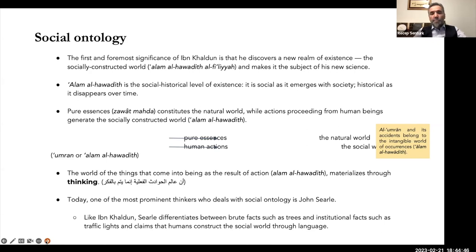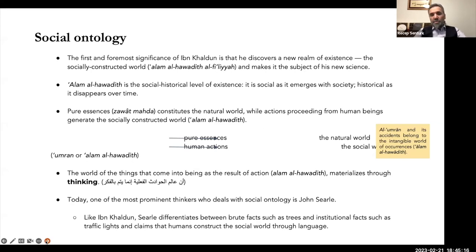Today, one of the most prominent thinkers who deals with social ontology is John Searle. Like Ibn Khaldun, Searle also differentiates between brute facts, such as trees, and institutional facts, such as traffic lights, and claims that humans construct the social world through language.